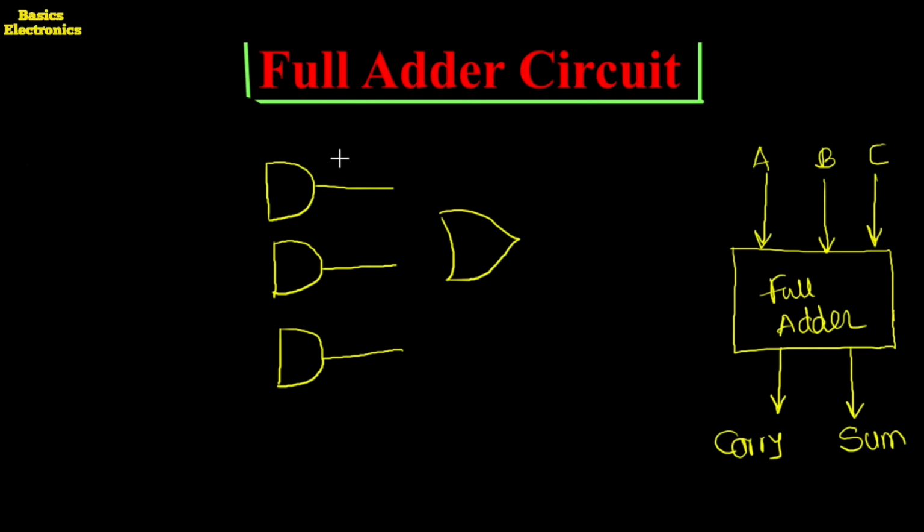So to the first AND gate we apply 2 inputs from the 3 actual binary bits.